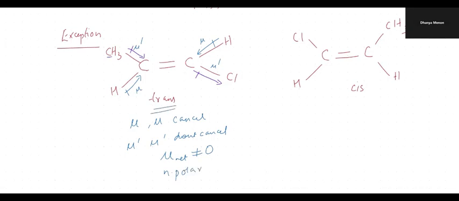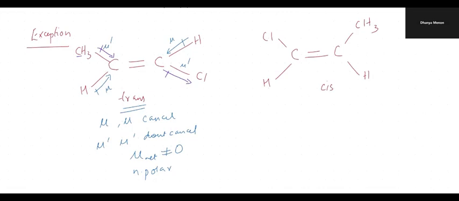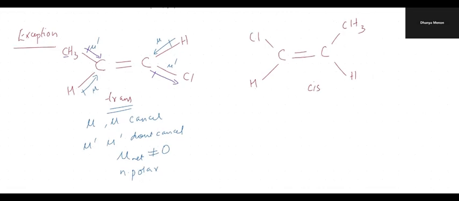Okay. In case of cis, I draw the dipole. Chlorine is more electronegative. Hydrogen to carbon, CH3 to carbon, hydrogen to carbon. So this is mu and mu. Mu and mu don't cancel each other.